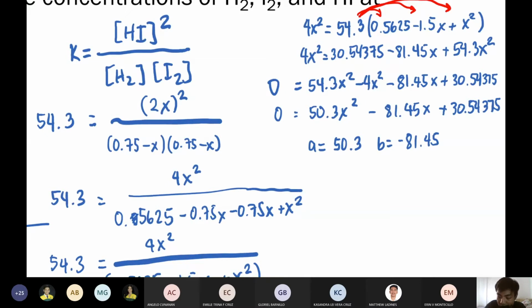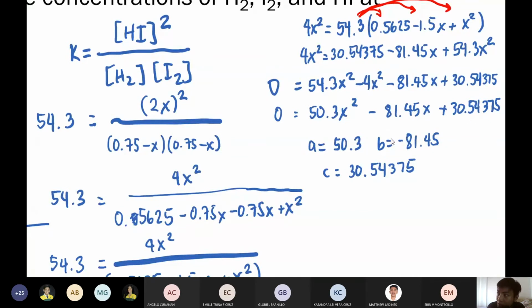And then the value of c for this quadratic equation is 30.54375. Okay? So yan. So since alam mo na yung value ng a, b, and c, again, paano ko nakuha yon? Kapag a, yun yung coefficient ng x square. Yung b, yun yung coefficient ng x. Yung c, yun yung number lang.